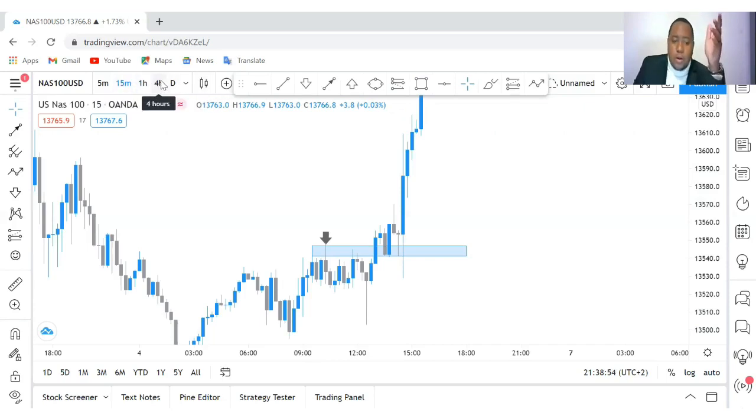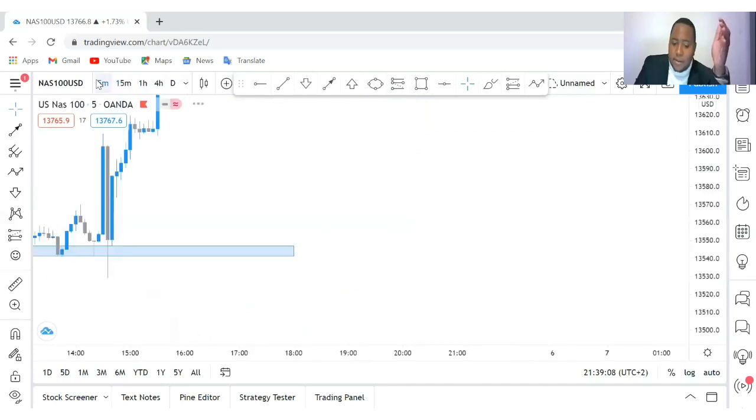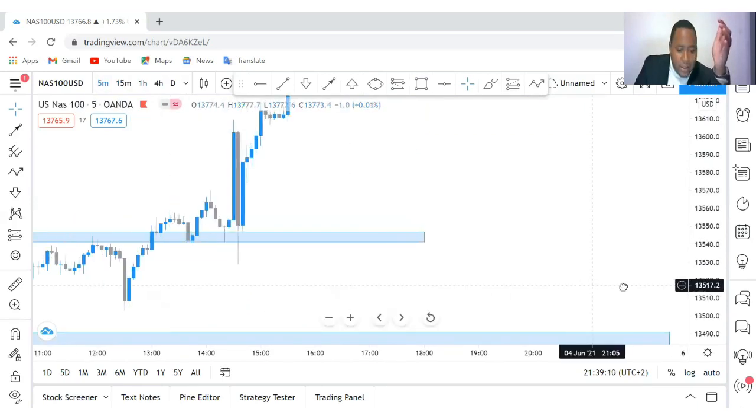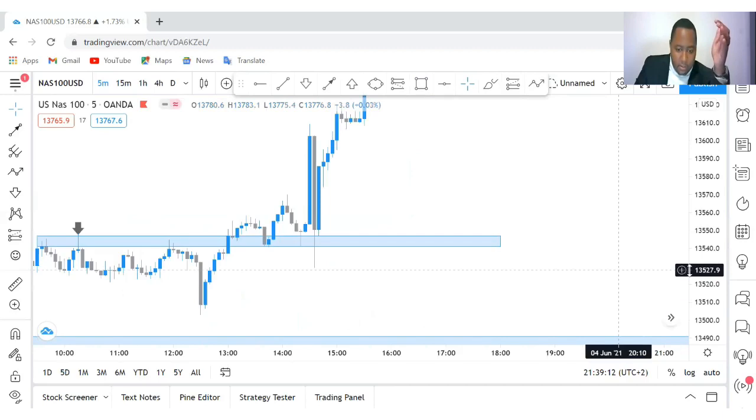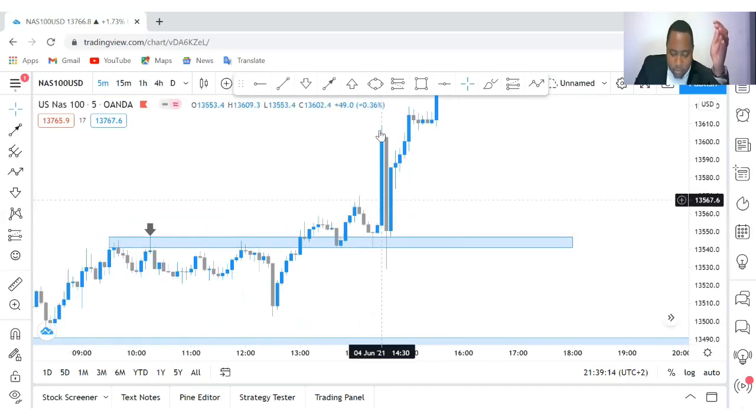What would you be doing on a 4 hour if you're trying to anticipate a move that's going to be taking place within 1 or 2 minutes? So you want to stick to the 15 minutes or even the 5 minutes. It can be giving you an even clearer setup. Look at that, it's a more clear setup. Oh, they start move there.